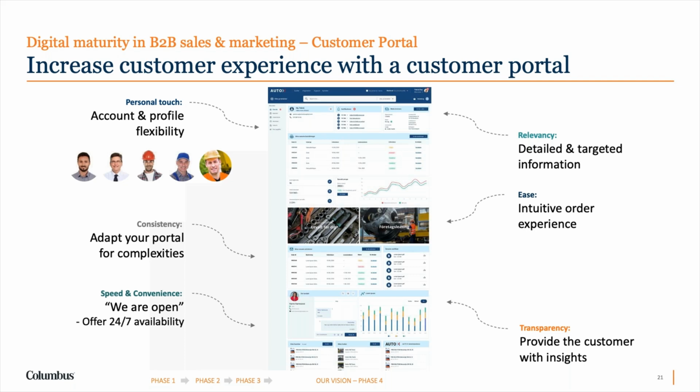You will need to ensure that the customer portal is geared for all complexities, meaning contracts, quotes, purchase orders, approvals, and permission levels. This may not be easy, but it should be your vision. And your vision is not something that you build in one session. You should split it up into phases, so you are gradually moving towards your vision.